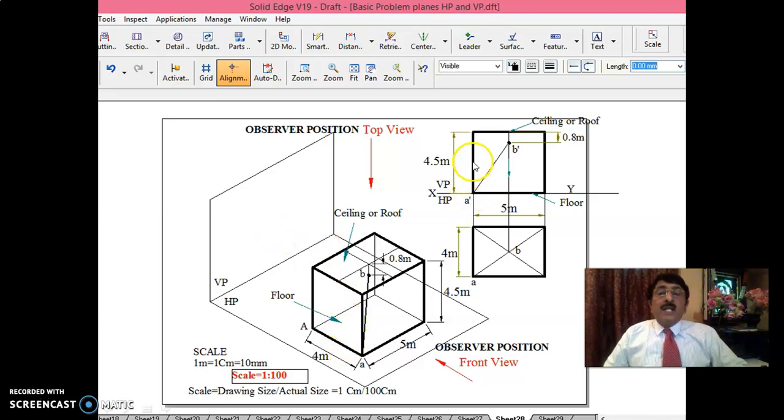That means S dash you take here such that this is 2 meters and this is 1 meter. This is S here. It is 1 meter from the front wall and 2 meters above the ground. Then S dash is here, S is here, join SB, join S dash B dash, rotate and get the true length in the same way as I have told you.